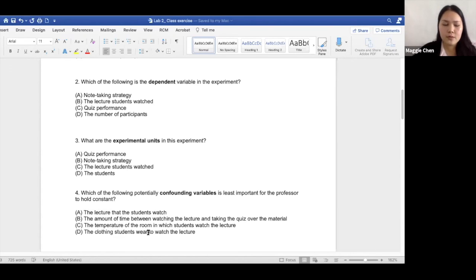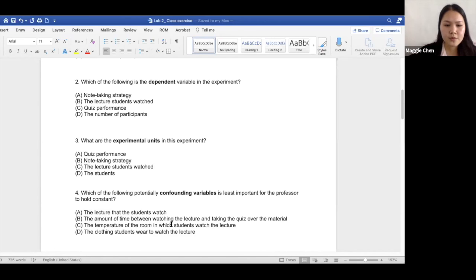If one group takes the quiz the next day and the other group takes the quiz a week later, that could change their quiz performance. So we would want to keep the amount of time between watching a lecture and taking the quiz the same for both groups. So we wouldn't want to change this, and that's pretty important. So we can take out B.